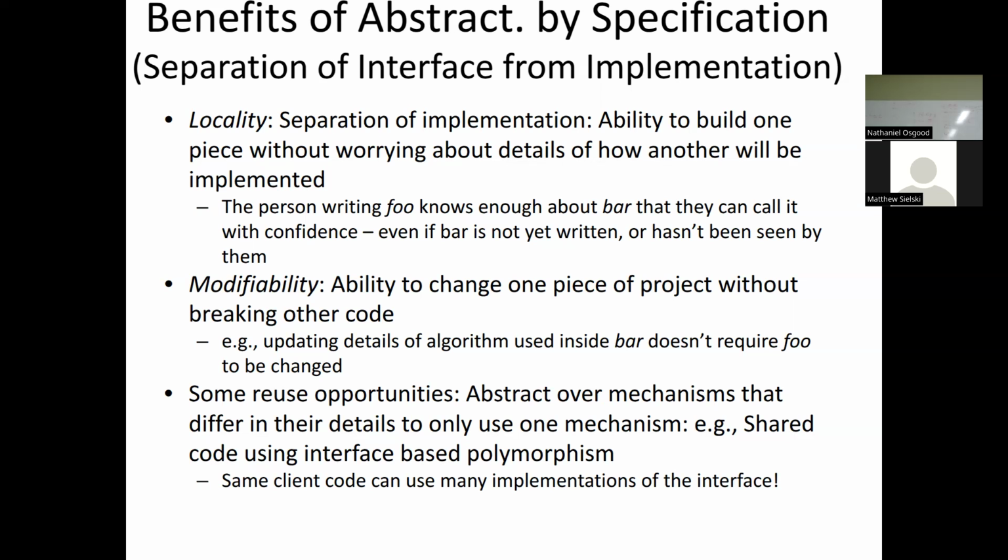And then you have some reuse opportunities, right? You could potentially have some piece of code, for example, that calls off to only an instance of some interface. And we don't need to know what implementation of this interface it is, right?